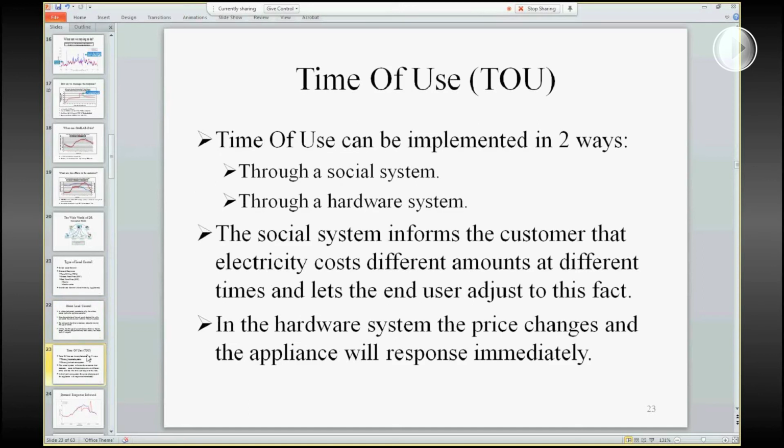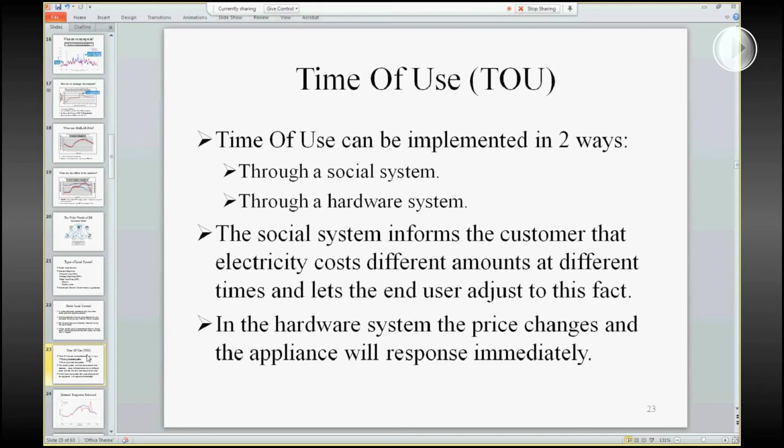We have time of use, which becomes quite interesting in terms of how this interacts with the social aspect. This is purely a price signal over a long-term scale that is trying to affect the way that customers consume electricity.